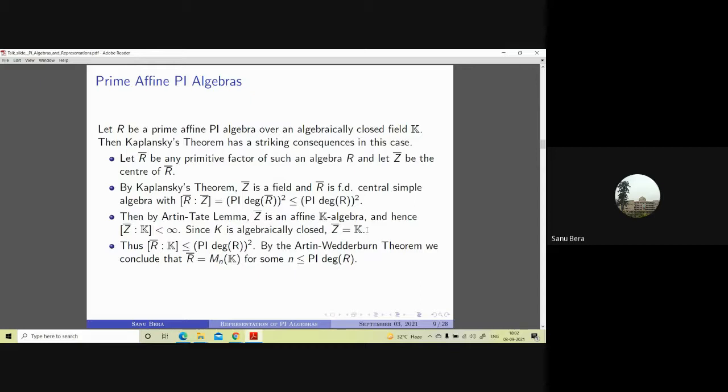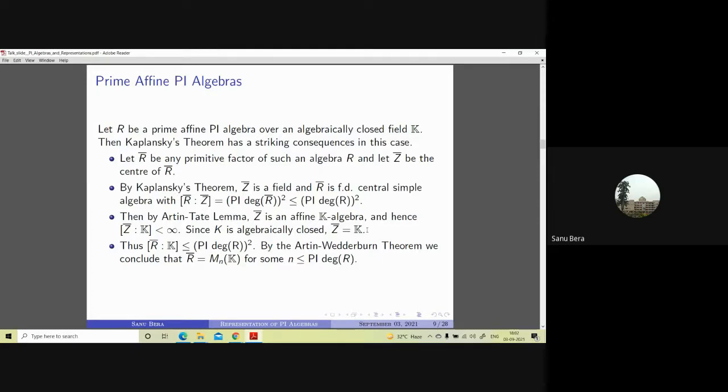Okay, we will talk about that later. But this is true. We will prove that later. We can use the Noether normalization lemma to prove that.